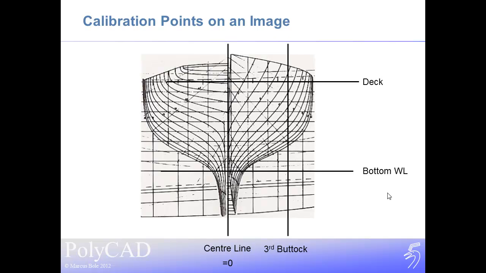And we need the associated dimensions of these points. Center lines are fairly easy because they're normally 0. Baselines are also 0. But buttocks might have more complicated dimensions, particularly in this case where this is a vessel designed nearly 100 years ago and probably in imperial. So we have some dimensions here, and we'll now go through the process of calibrating an image in PolyCAD.